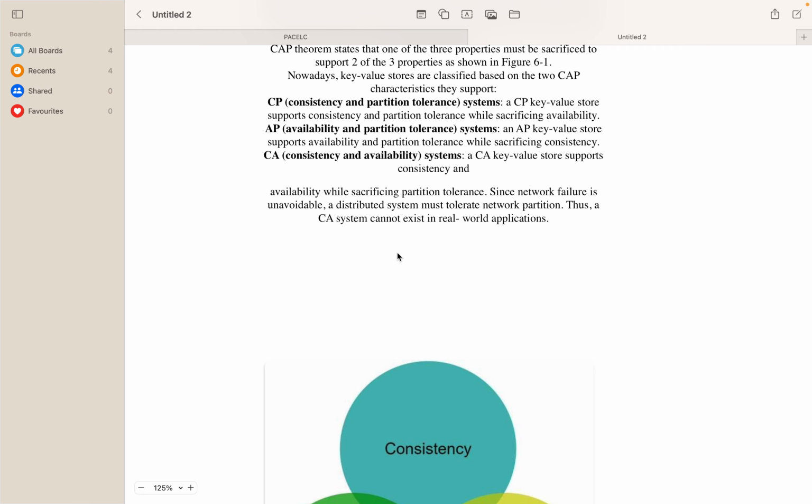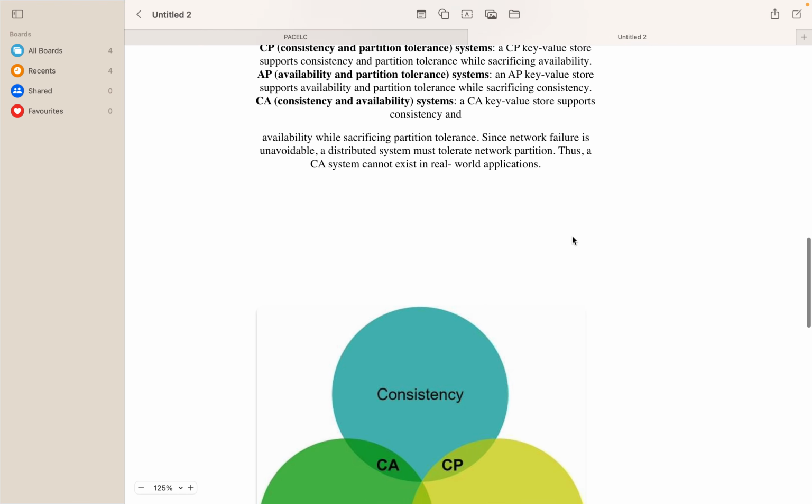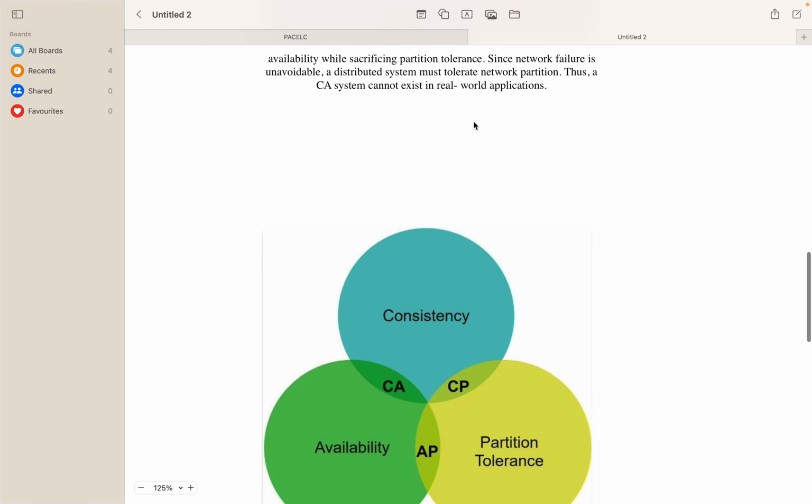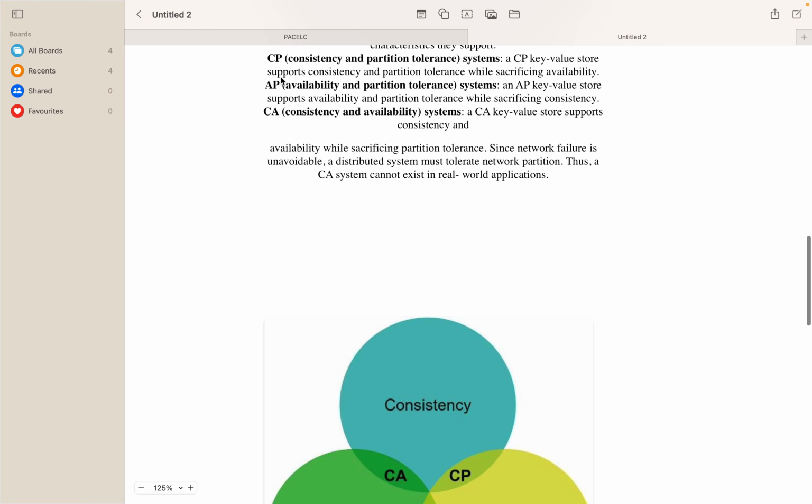Sometimes in interviews they ask about the CAP theorem, and the follow-up question is why a CA system does not exist in the real world, or which of CP, AP, and CA is not possible. You can tell that the CA system does not exist. Why? Because network failure is unavoidable.